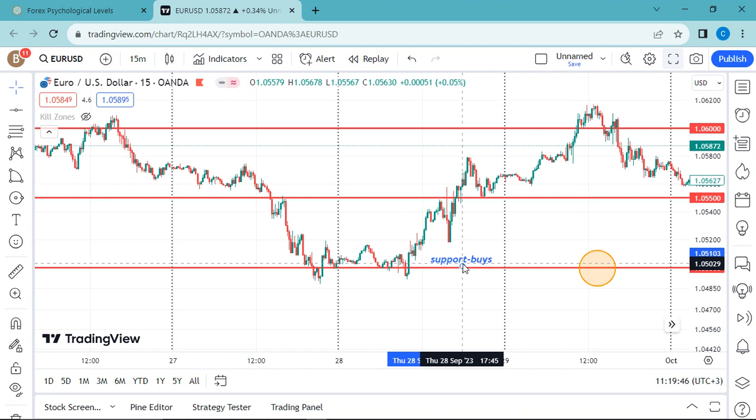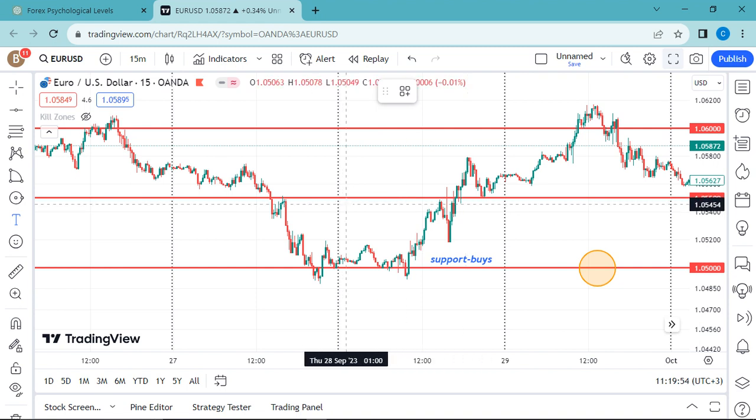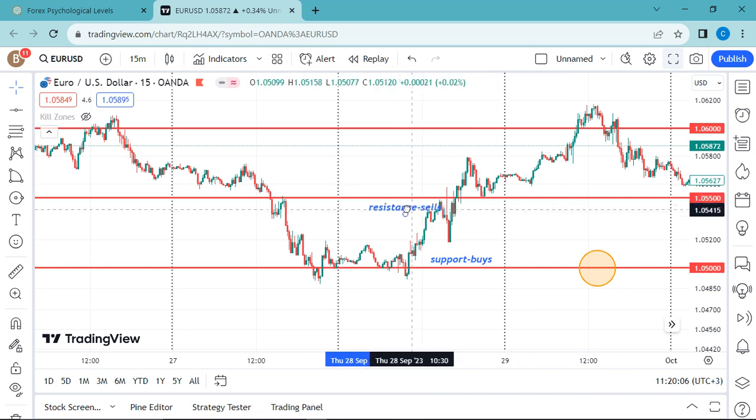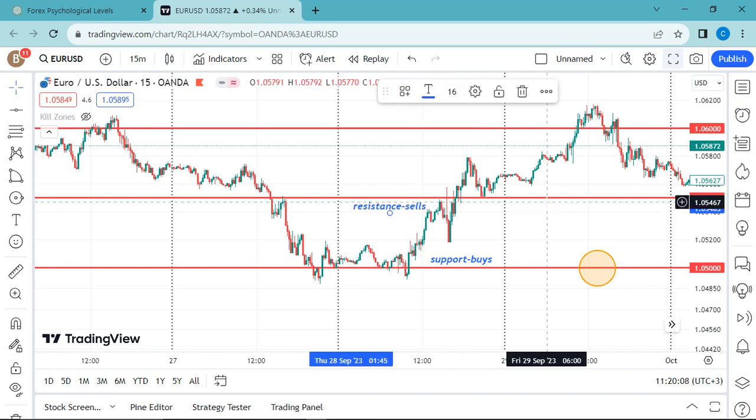Support, you're looking for buys. Then resistance, you look for sells. This is a really important concept for beginners who don't know, right? Resistance, we'll be looking for sells, right? Resistance sells.